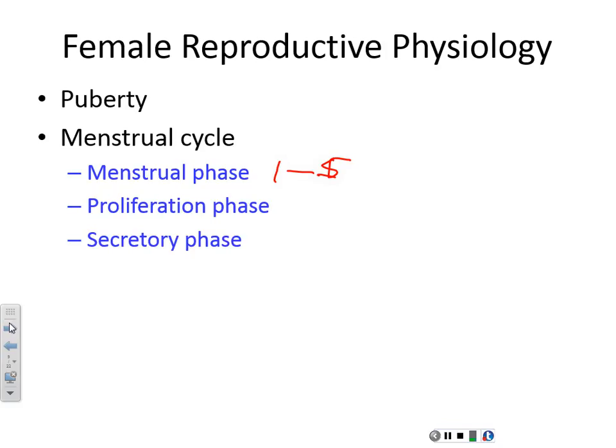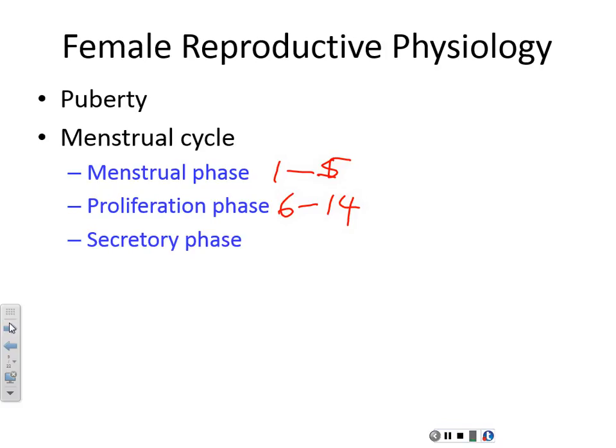And then about day 6 to 14 is the proliferation phase, where you regenerate the lining of the uterus, the endometrium. And there's several things that occur in the proliferation phase, where you've got FSH and LH causing all sorts of things. LH is causing ovulation to occur.